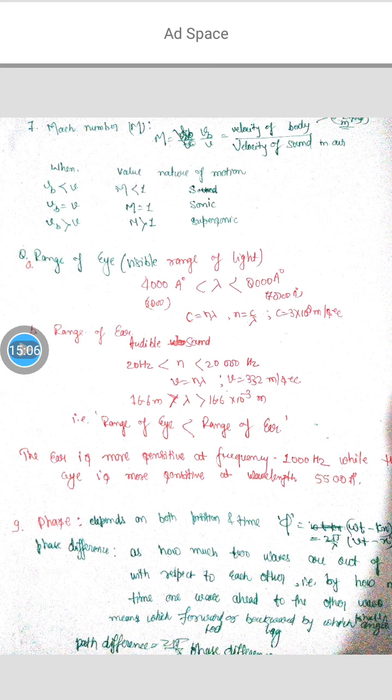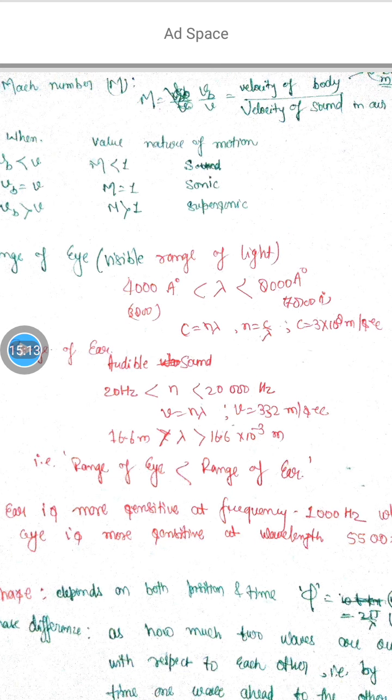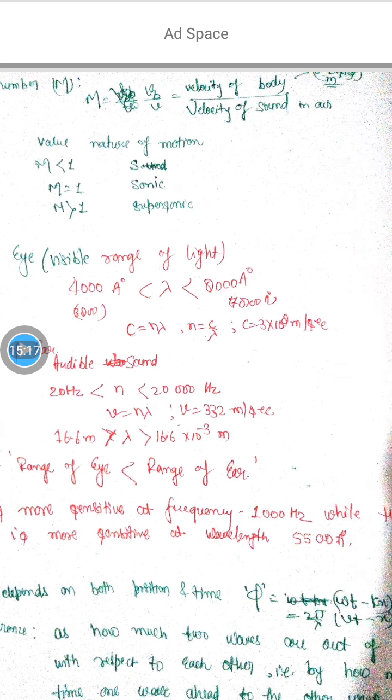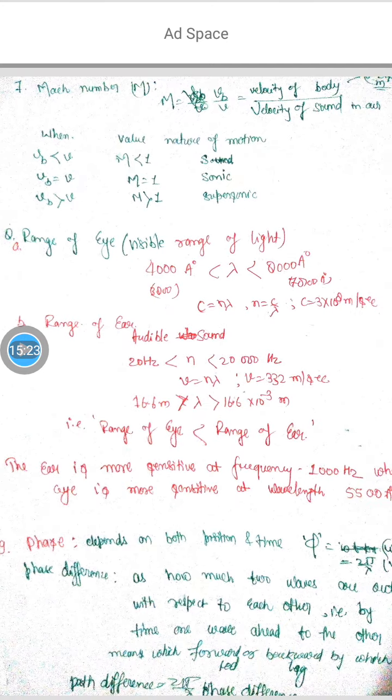The Mach number is defined as the ratio of the velocity of a body to the velocity of sound in a medium, such as air. When the Mach number is less than 1, it is a subsonic velocity; when the Mach number is nearly equal to 1, it is a sonic velocity; and when the Mach number is more than 1, it is a supersonic velocity. Understood?